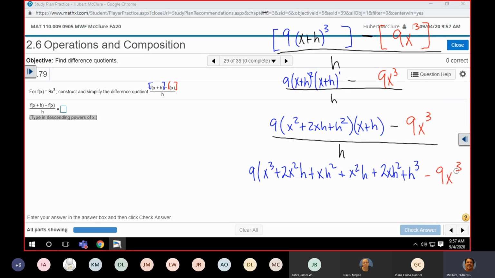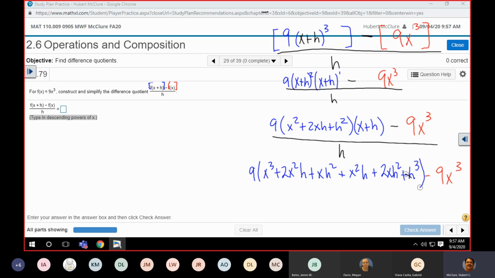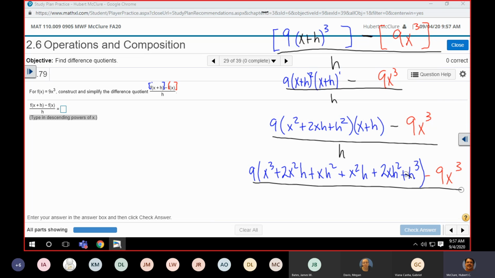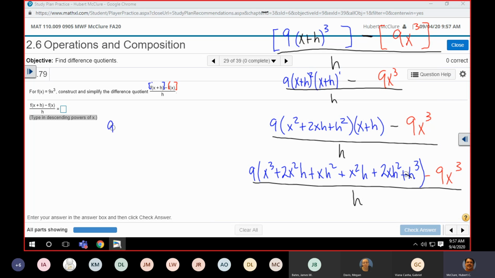9x cubed. And now I need to distribute that 9, but I'm going to try to cancel out something if I can before I distribute that 9. I hope y'all appreciate me switching all these colors. All right, so back to blue. Let's see, x cubed, that's not going to do anything, so x cubed is going to be over here. And then 2x squared h plus 1x squared h is 3x squared h.